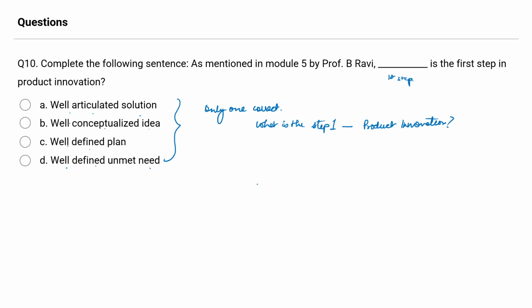Okay, so if this is... oh, I'm so sorry. This is the ladder of product innovation.